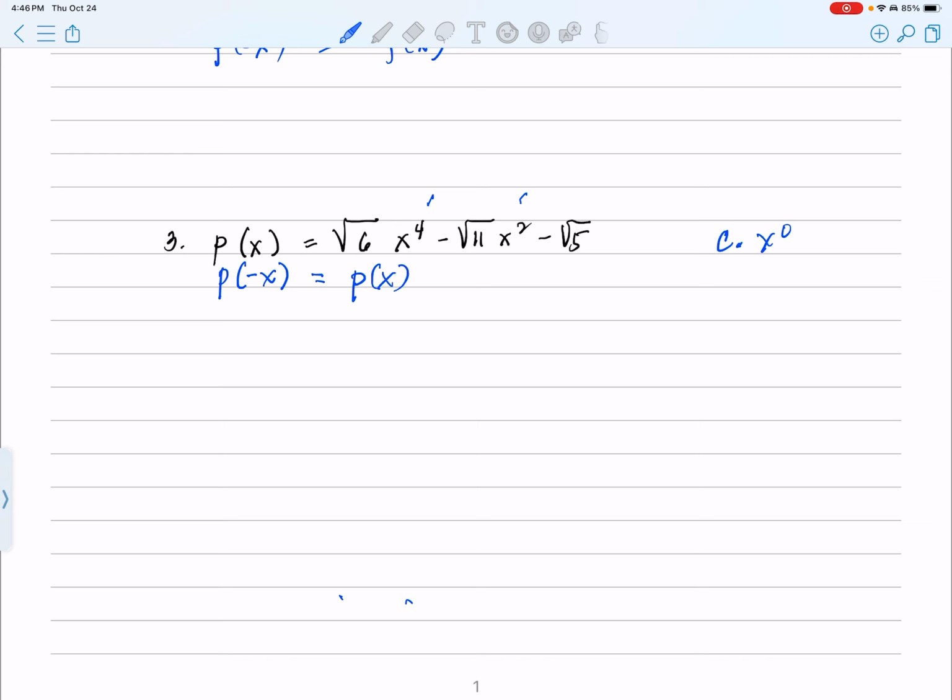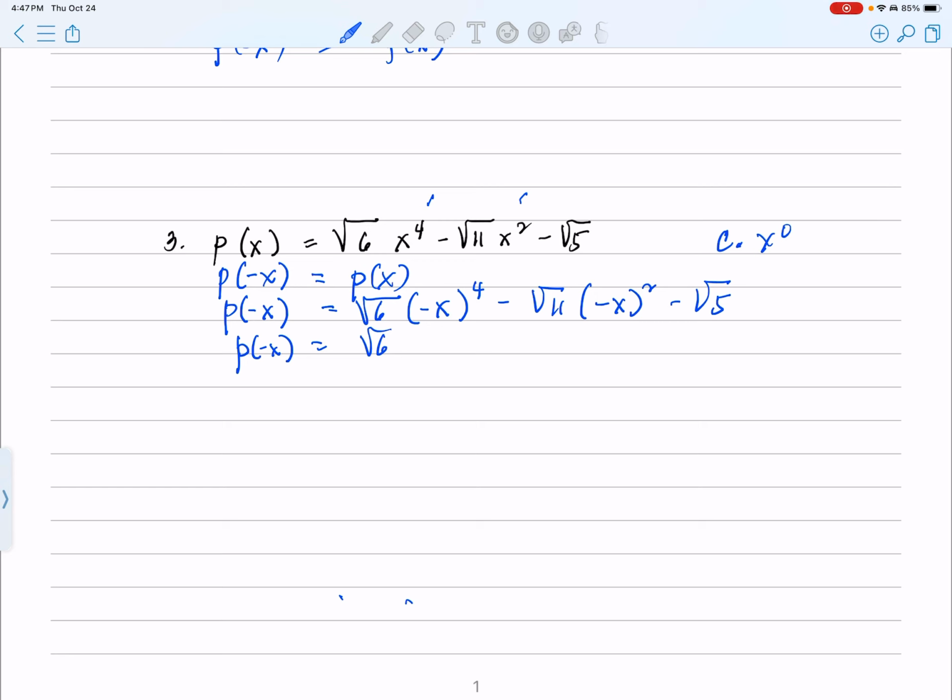Okay, so we're going to start. I will substitute the negative x into the function. Square root of 6 times negative x to the fourth, minus square root of 11 times negative x squared, minus square root of 5. Negative x to the fourth, that would become a positive.